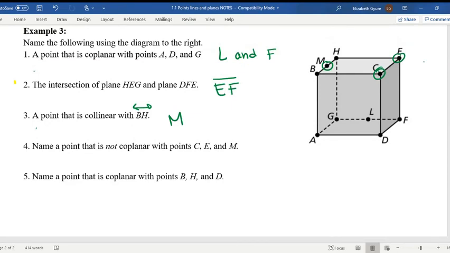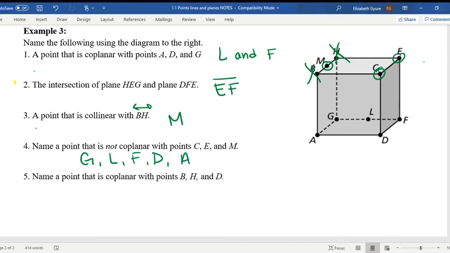C, E, and M are all on the top of your box. You could really name anything that's not on the top. That means B is out, H is out, and you could name anything else. So take your pick from G, L, F, D, and A. Any of those could work.